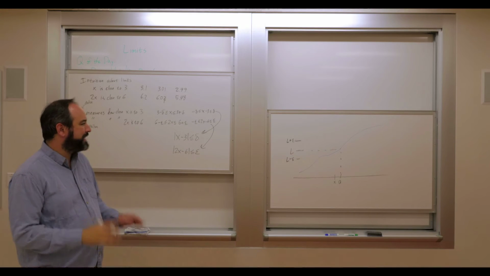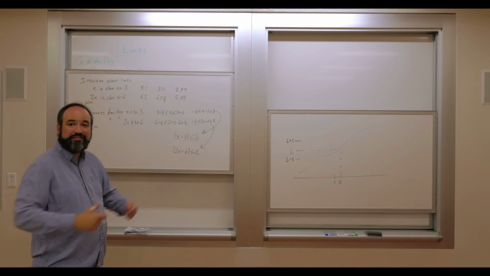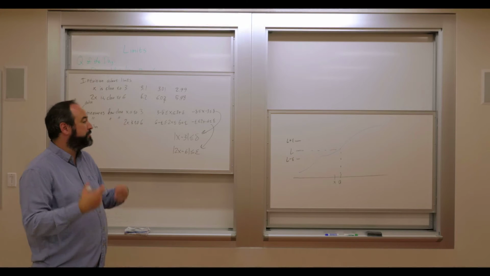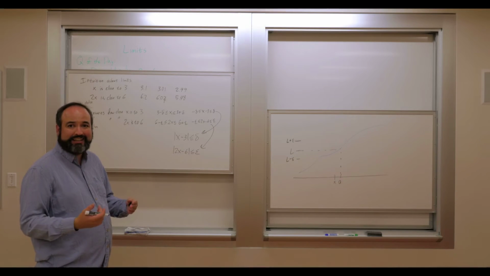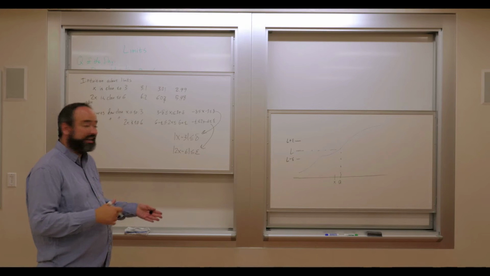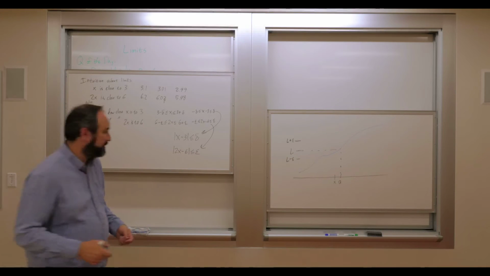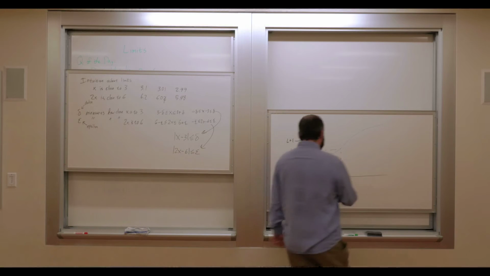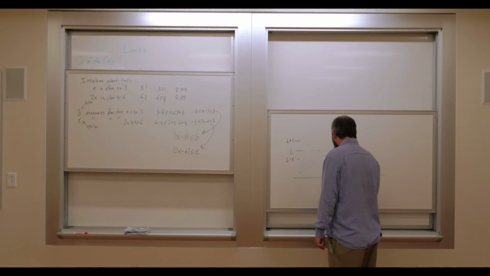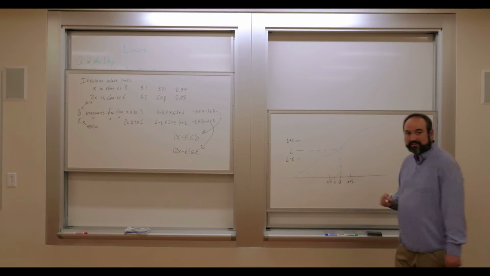So I want to pick an x close enough to a such that no matter what x I pick, I get a function value which falls between L minus epsilon and L plus epsilon. And how close is close to a? Well, I want it between a minus delta and a plus delta.